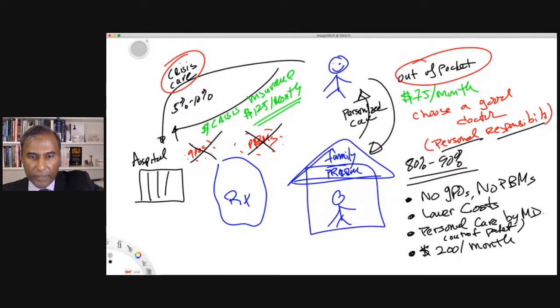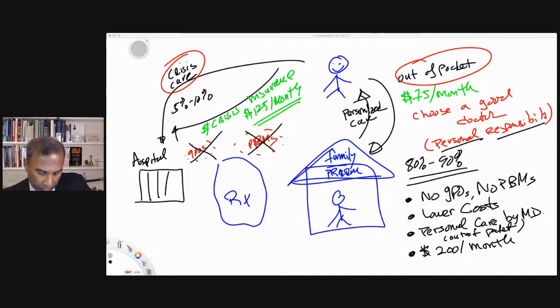So in this model here, we're looking at a much more simplified model, okay? What we're seeing here is that the individual, you go choose a doctor.